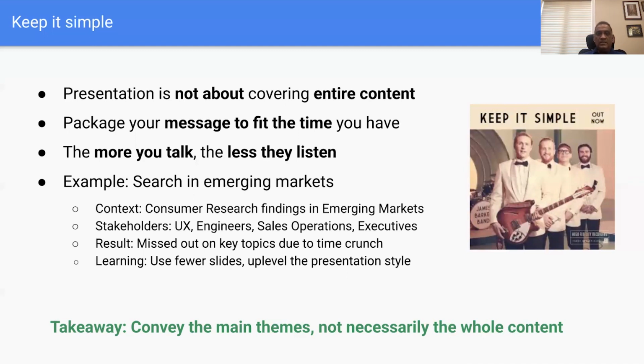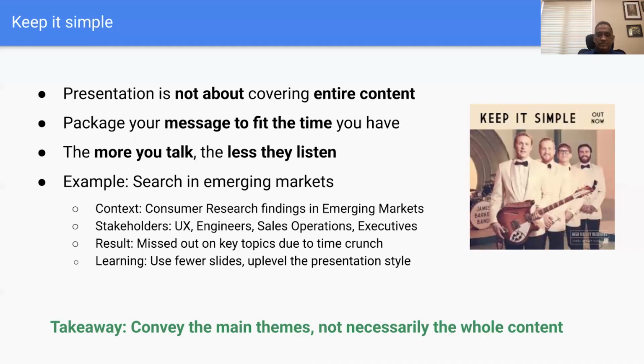So keep it simple is about tailoring or making your presentation very targeted for a specific purpose, the audience, and the amount of time that you have. That is what I had in mind.